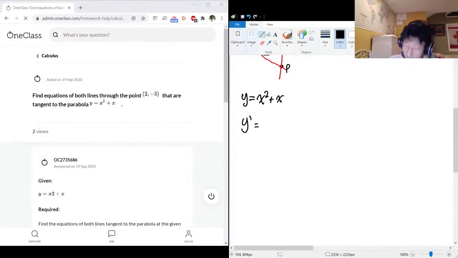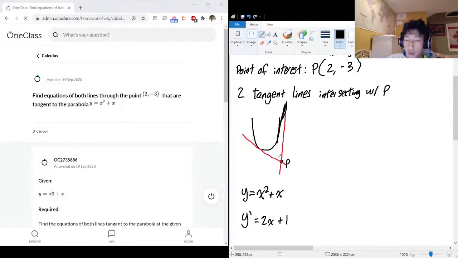The derivative of x squared: we bring the 2 down and subtract 1, so we get 2x for the first term. The derivative of x on its own is just its coefficient, which is 1. So y prime is 2x plus 1. Super.